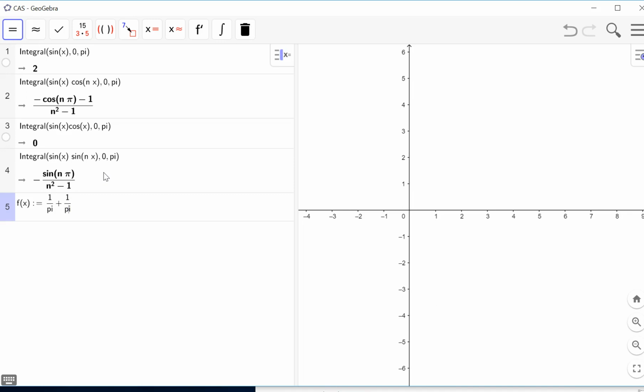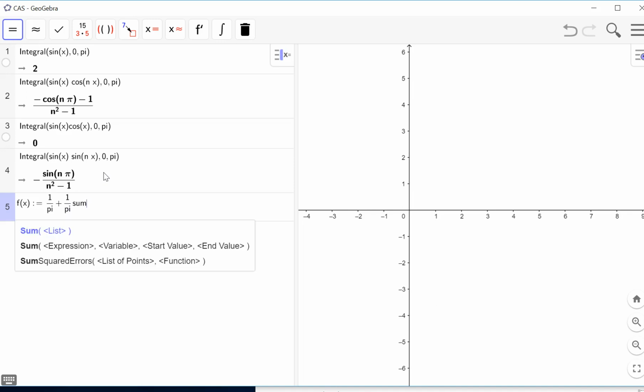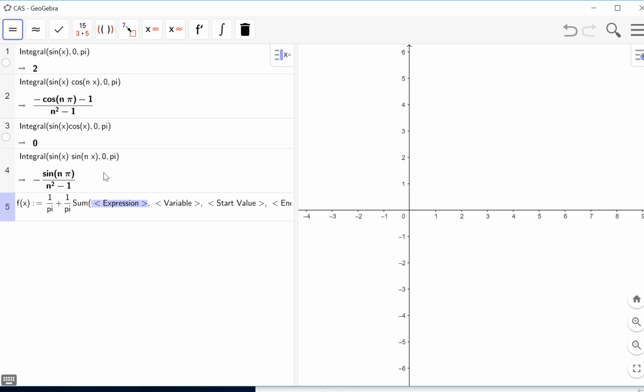All right, I'm just going to put the 1 over pi out in front of the sum, because it's going to get multiplied by each of your coefficients anyway. We don't need to worry about number 4 here, so I'm not going to bother putting it in this time. I do need to worry about number 2, but I don't want to plug in 1 for n.